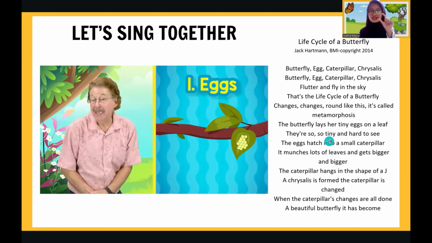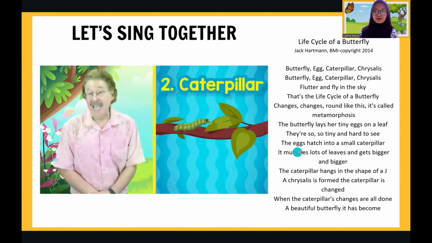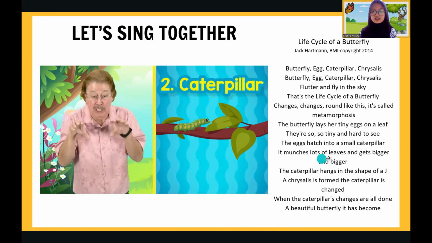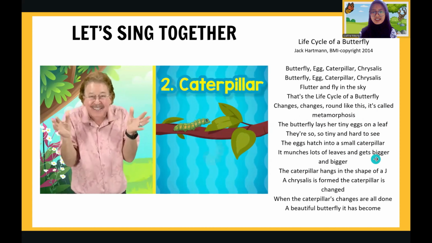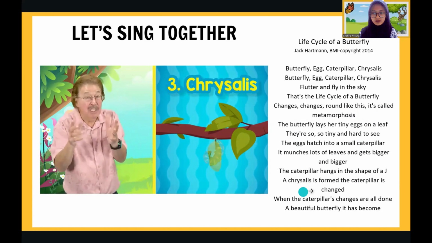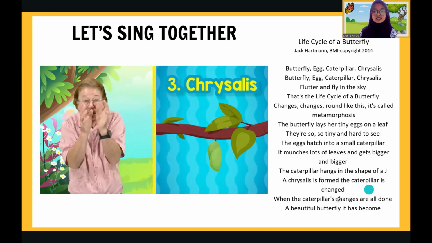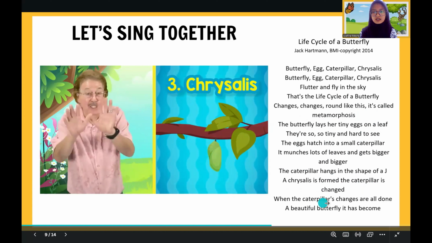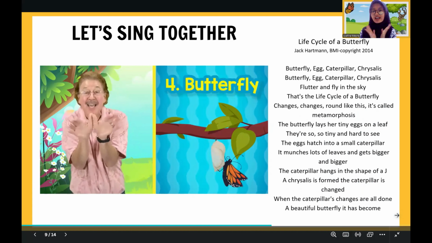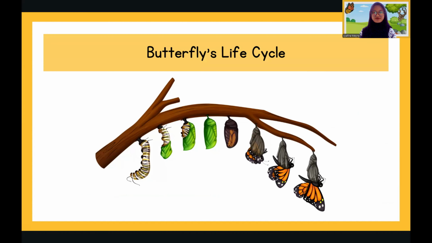They're so tiny and hard to see. The eggs hatch into a small caterpillar. It munches lots of leaves and gets bigger and bigger. The caterpillar hangs in the shape of a J. The chrysalis forms as the caterpillar changes. When the changes are done, a beautiful butterfly has become.